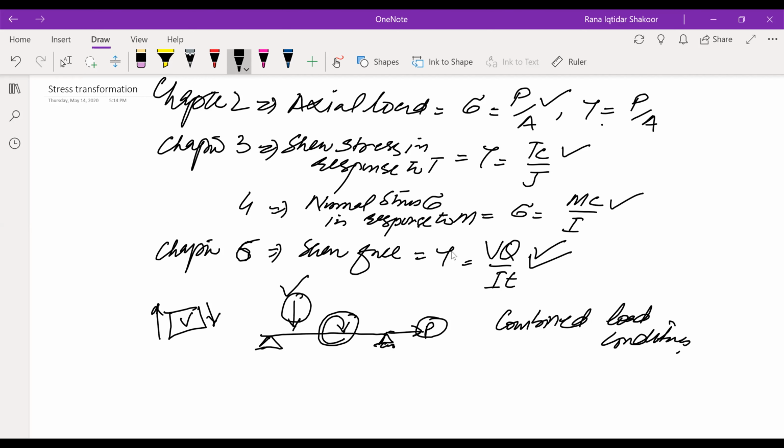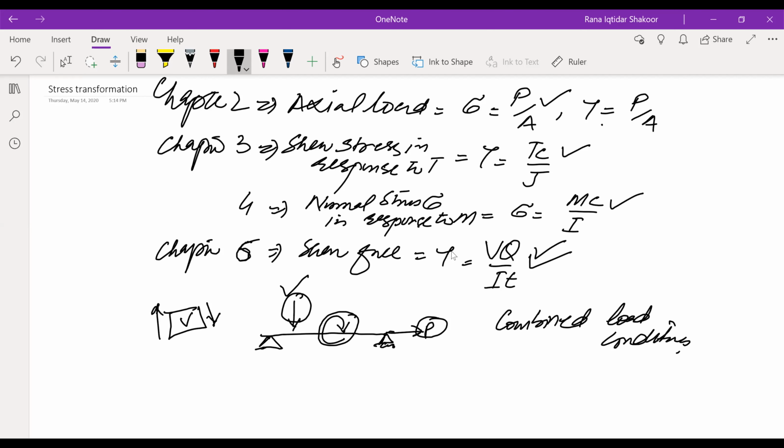So we have to see how much total normal stress is being generated because of the axial load as well as the moment, and how much total shear stress is being generated in response to torsion as well as the shear force V. So this is called the combined loading condition, right?